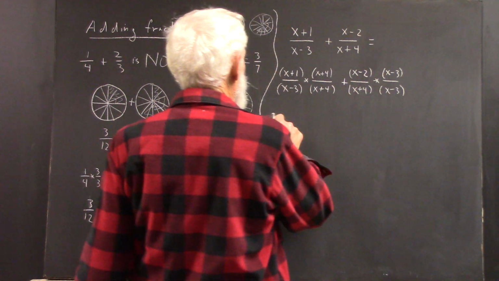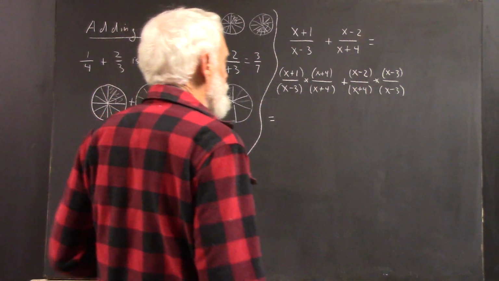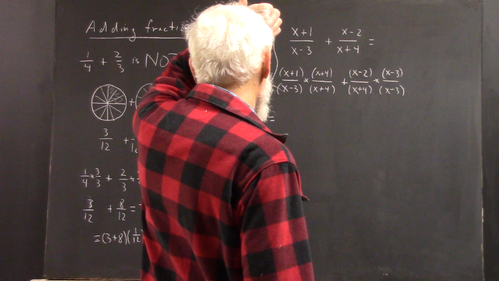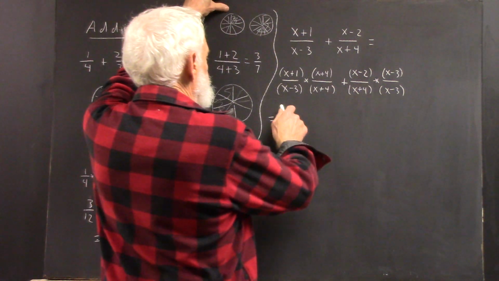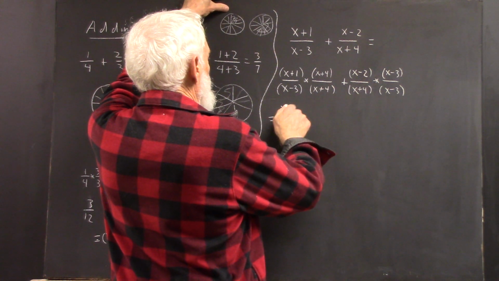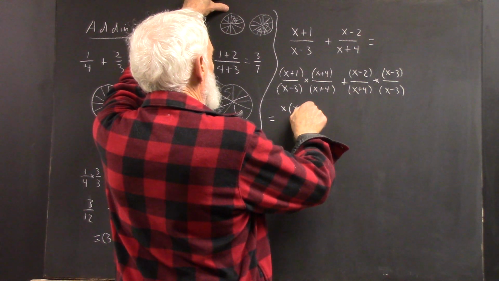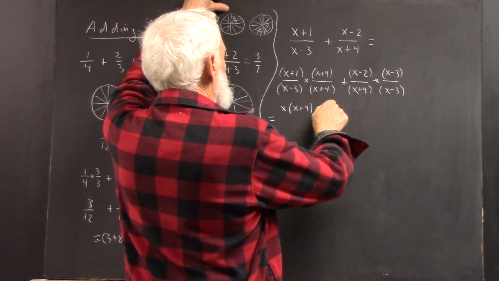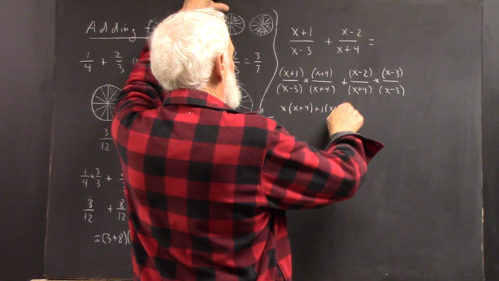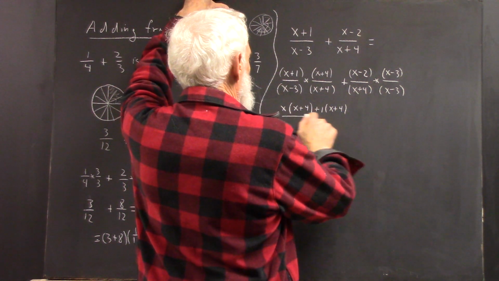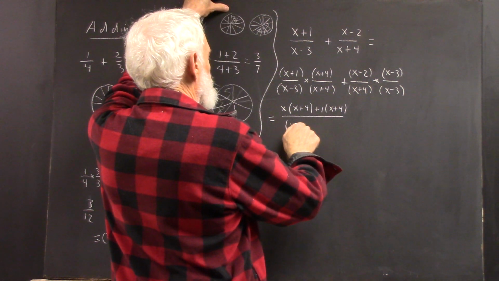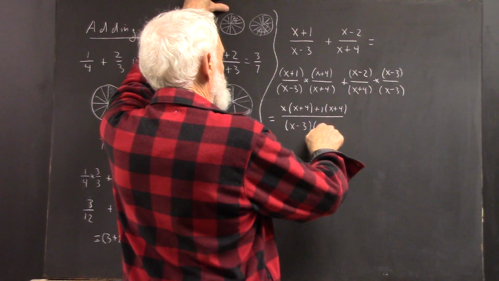So this is going to equal, well, (x plus 1) times (x plus 4) is x times (x plus 4) plus 1 times (x plus 4). And that, of course, will be over (x minus 3) times (x plus 4).